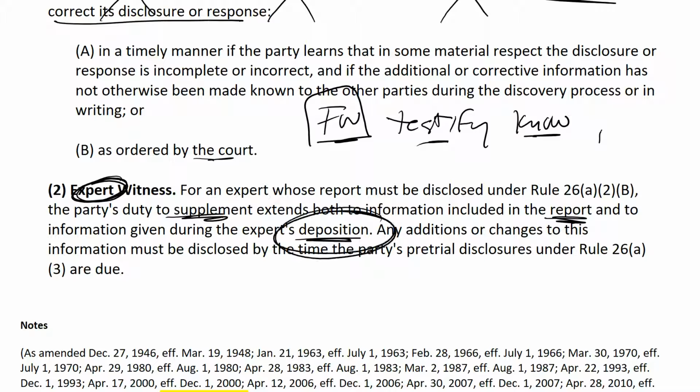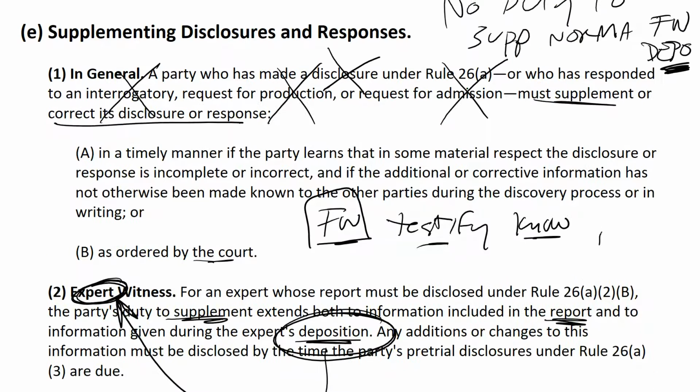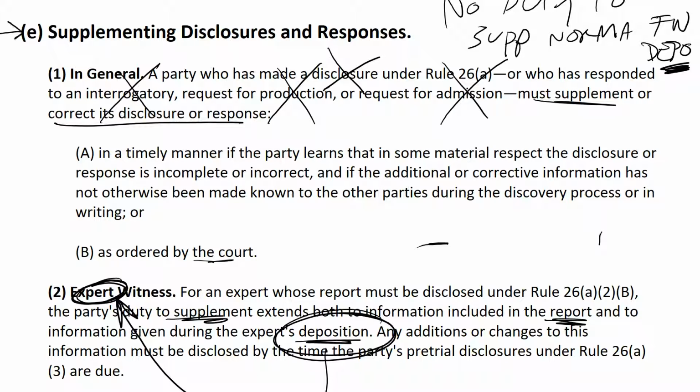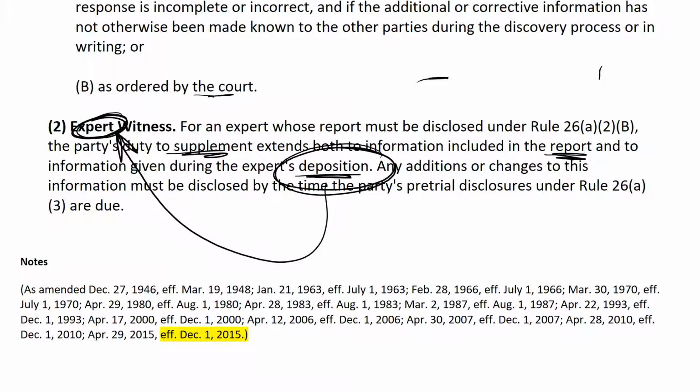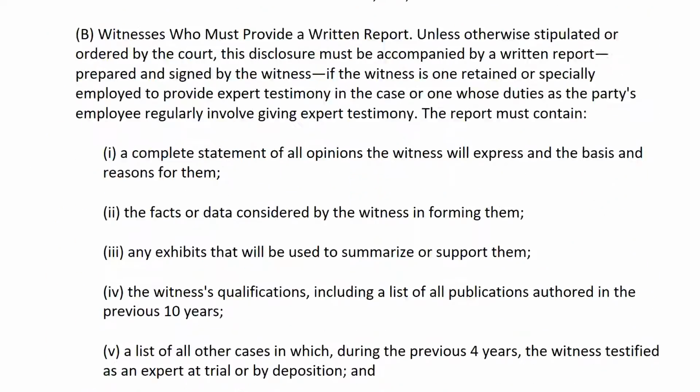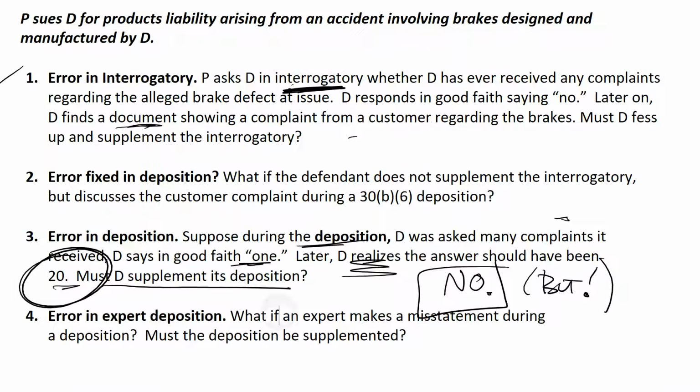So there is a deposition supplementation requirement for expert witnesses, but not for a normal fact witness. Okay. In other words, under Rule 26(e)(1), depositions are not listed, and therefore there's no duty to supplement the deposition. It's only when the deposition is of an expert witness that there would be a duty to supplement.